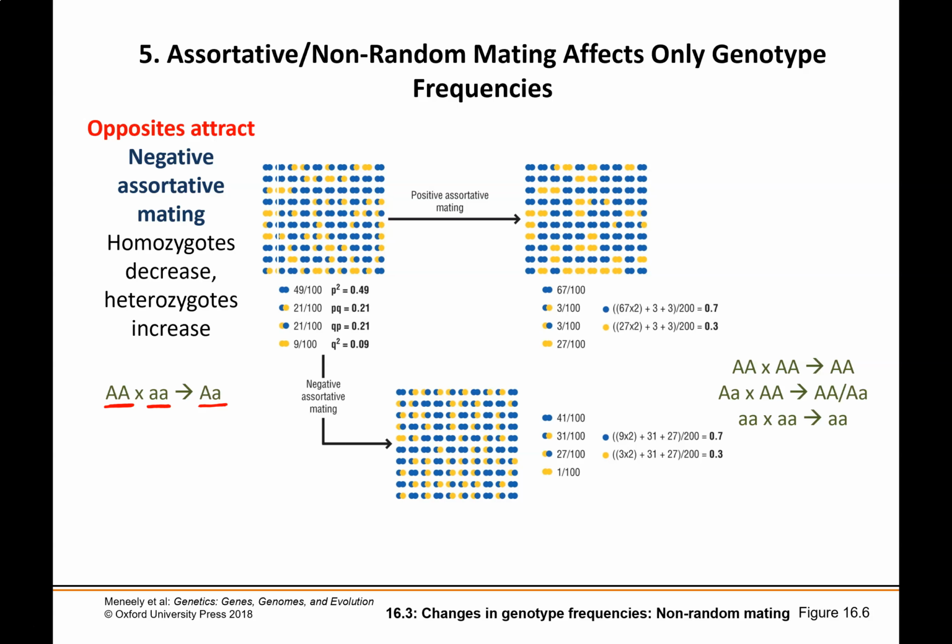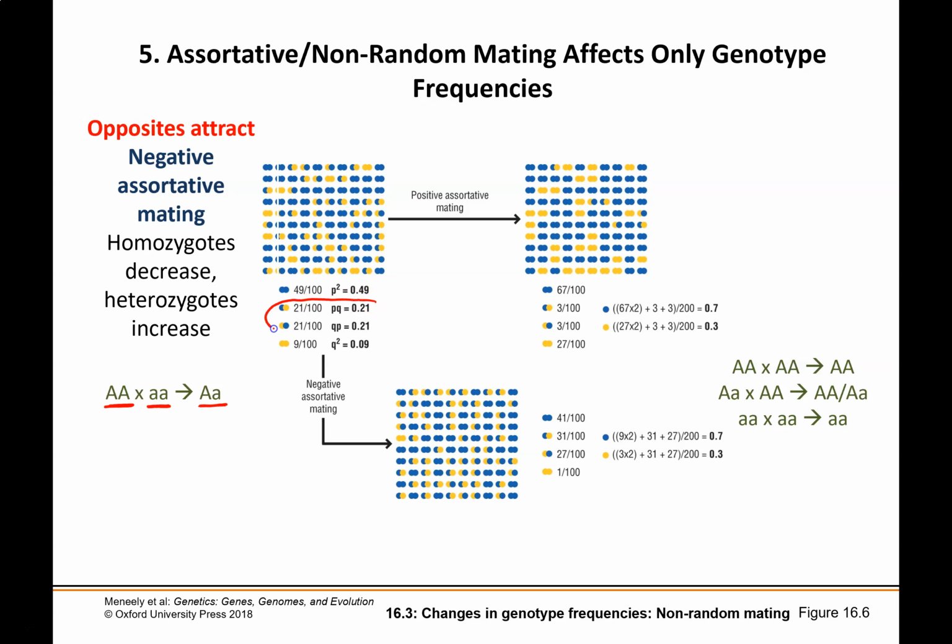So negative assortative mating produces an increase in heterozygous individuals. Now, this tends to keep the population more similar because every time you choose opposite traits, you're just producing heterozygotes again. So you're continually producing individuals that have both alleles.